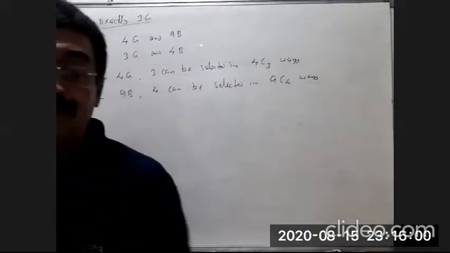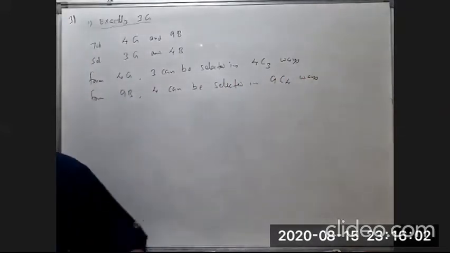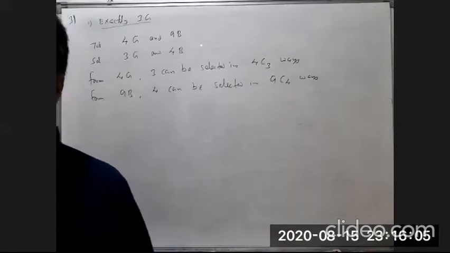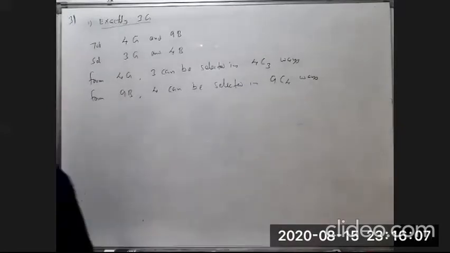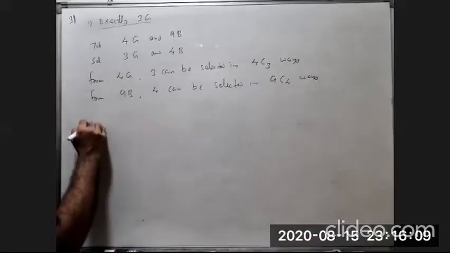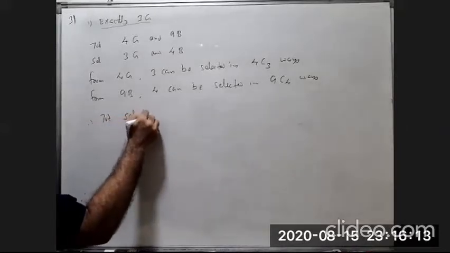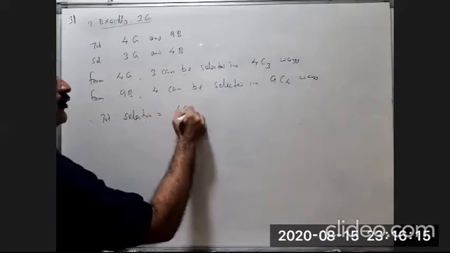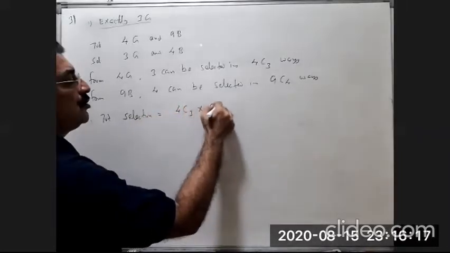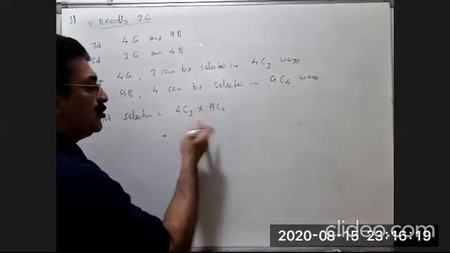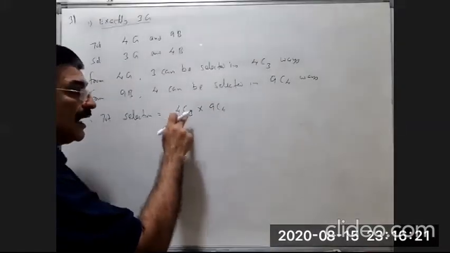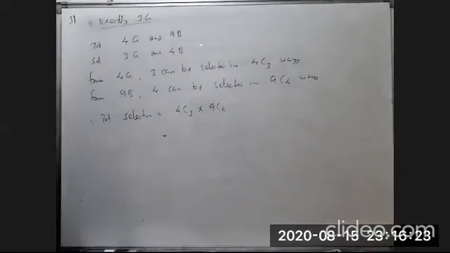After selection, like in the previous question, we don't have to go for any arrangement. Only selection is there. Therefore, total selection is 4C3 into 9C4. Why into? Because 3 girls and 4 boys are selected.